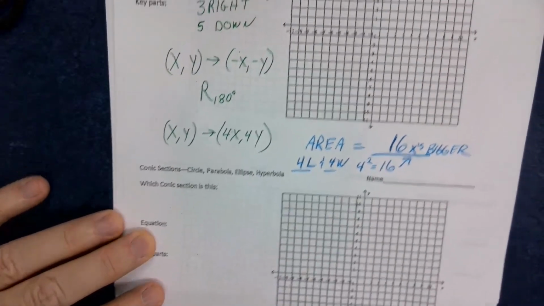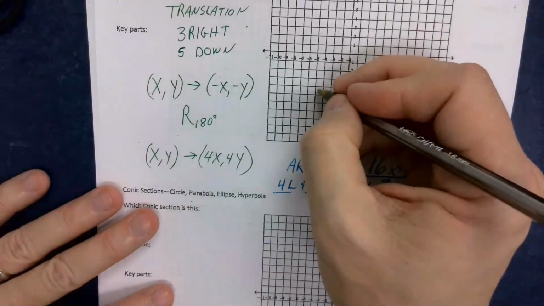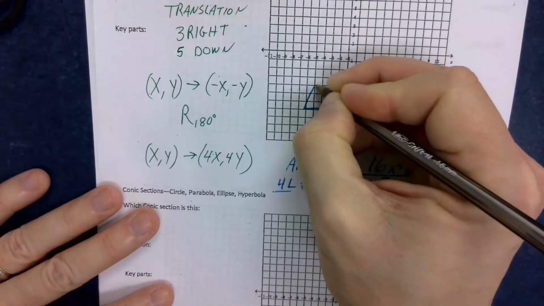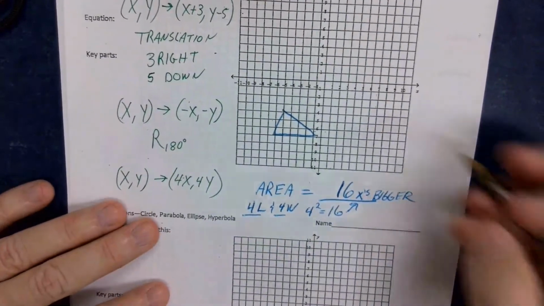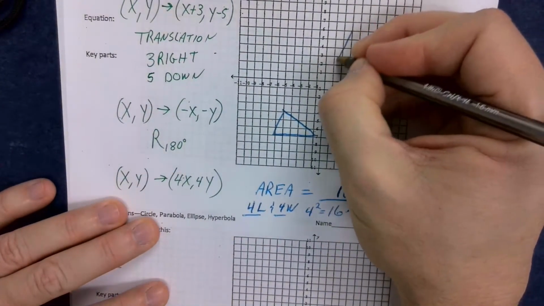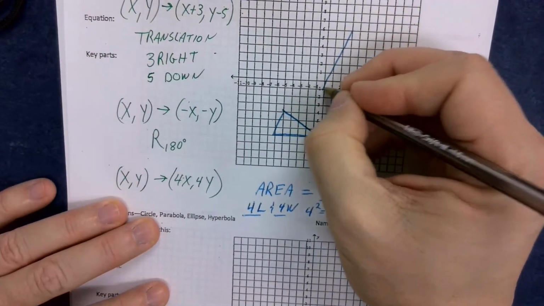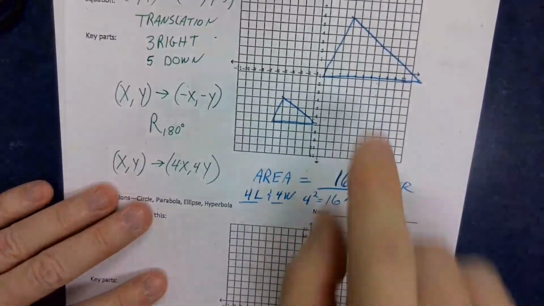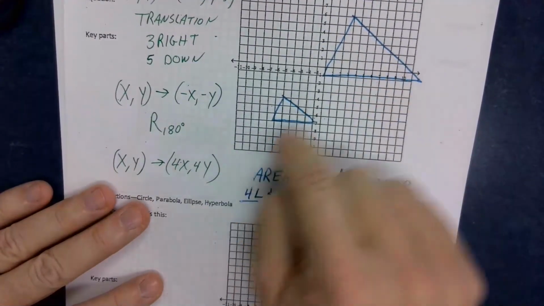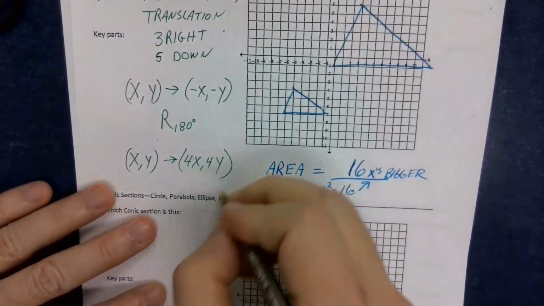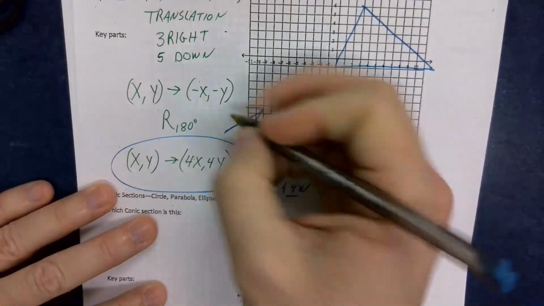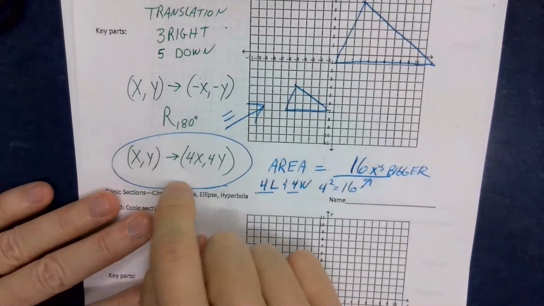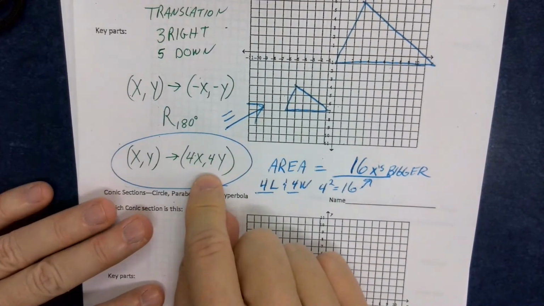Okay? So if I put this right up here on my piece of paper, I did this one right here, yes, and I did this one right here. Yes or no, that right there is an example of this specifically.